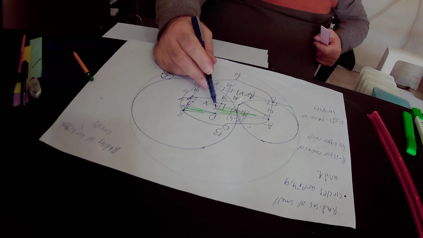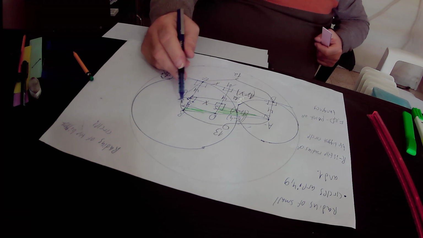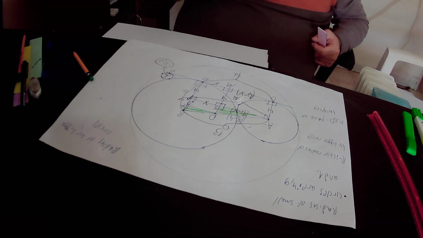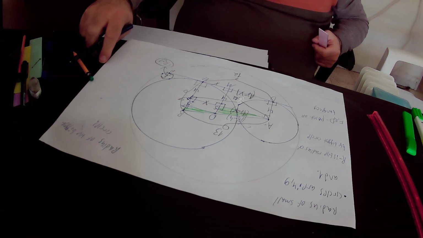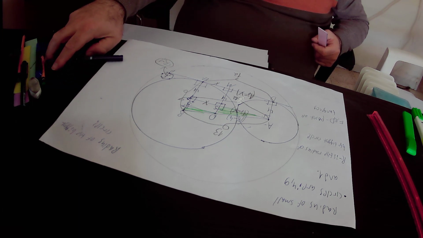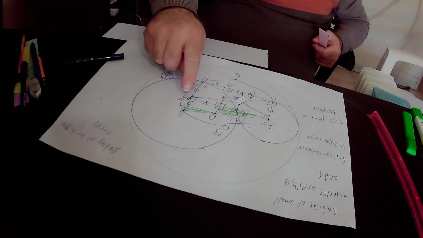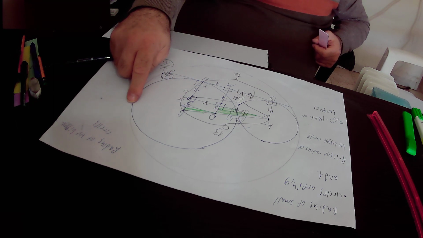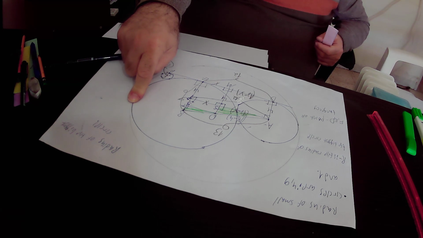O is the center of the biggest circle, whose radius is equal to capital R. B is the center of this circle, whose radius is equal to 9. And the biggest circle and this circle have an internal touch between them at this point, that is to say they are touching each other at this point.